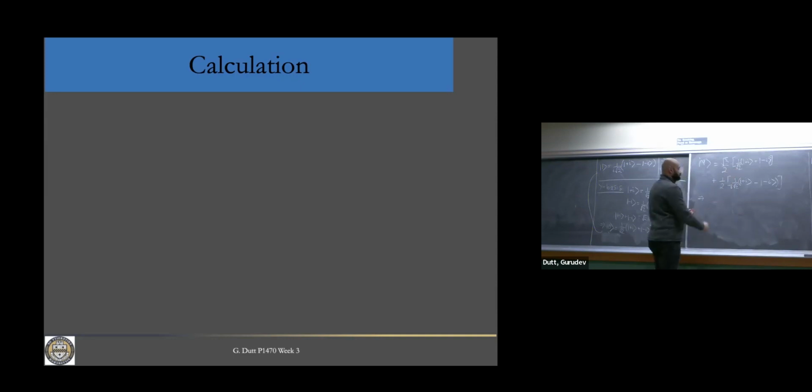So this part here, I'm going to write as minus I divided by square root of 2 times plus I.